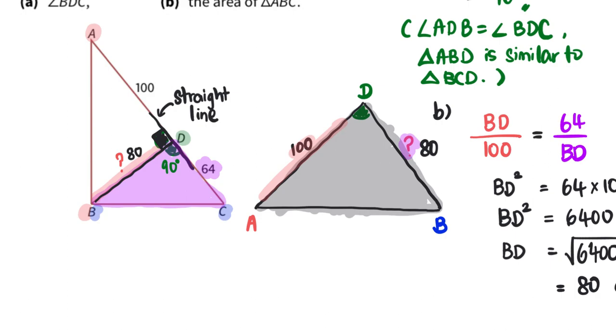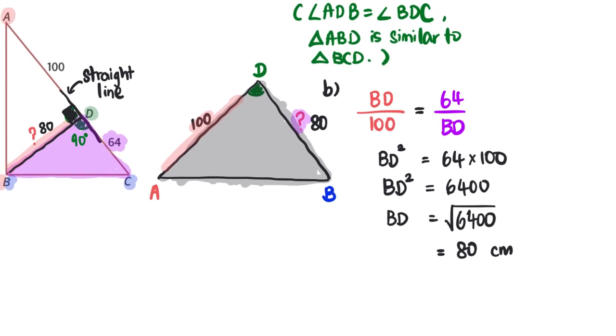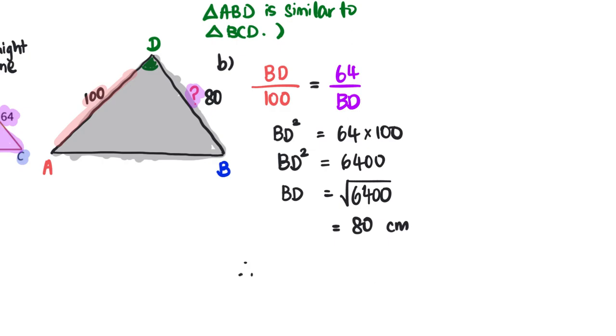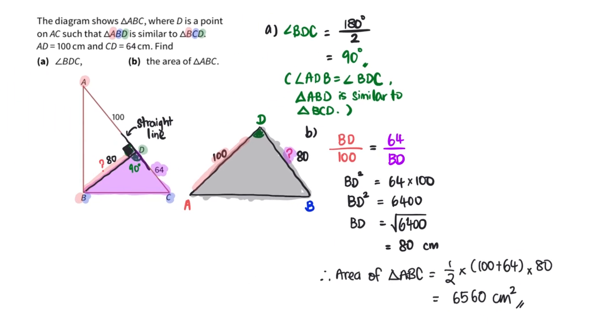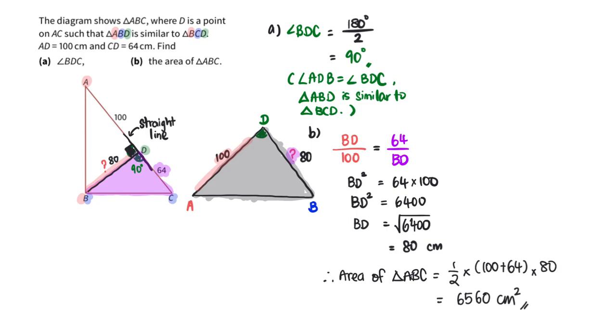So the area of triangle ABC is equals to half times base, which is 100 plus 64, times height, to give me a value of 6,560 cm square. And we have come to the end of this particular question. So let's continue to the next question.